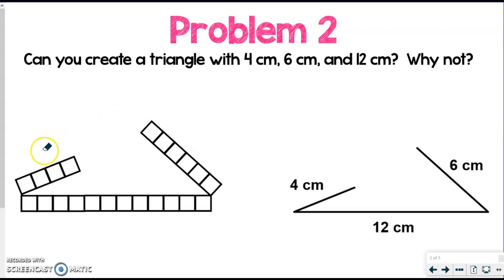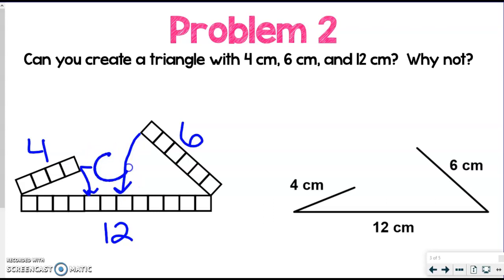Now we have a side length of 4 and 6 still, but now we have a base of 12. Well, now look what happened here. There's no triangle. Even if I were to rotate this all the way down flat and this one all the way down flat, do you see how there would still be a gap? 4 and 6 are never going to meet up.